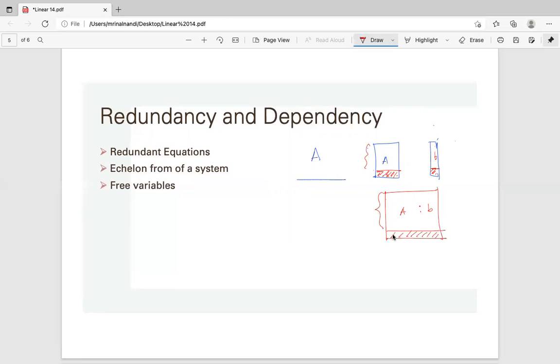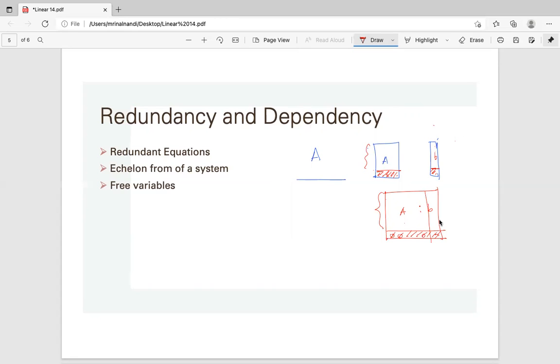Because if you use some suitable row operation, you can put 0 there, but in the last row there will not be 0 because they are not a linear combination. So that means, compared to the rank of A, there is one extra rank for AB. So one more extra non-zero row we have. So for a solution to exist, the redundancy in the equation means not only redundancy in terms of the rows of A, but dependency in terms of the rows of AB, the augmented matrix.